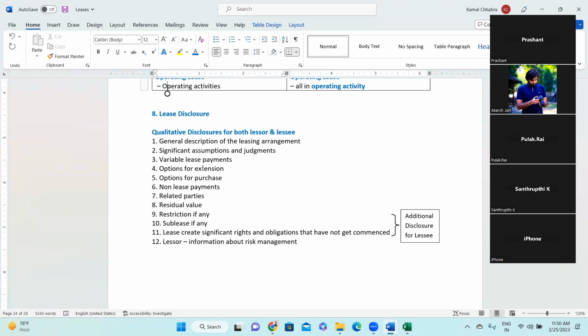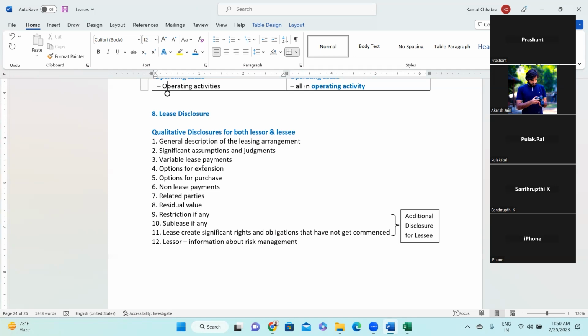Next is variable lease payment. So in the total lease arrangement, what is the fixed lease payment and what is the variable lease payment, and what is the contingency available to consider the variable lease payment. Next is option for extension.